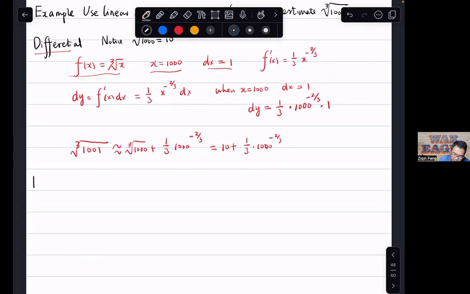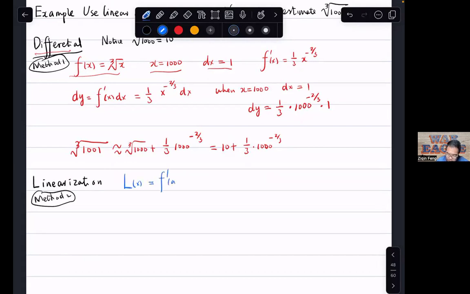So the second method is called linearization. So this is our method 1, right? This is our method 2. We are using 2 ways to solve the same problem, right? So linearization is basically L of x equals f prime of a times x minus a, then plus f of a, right?